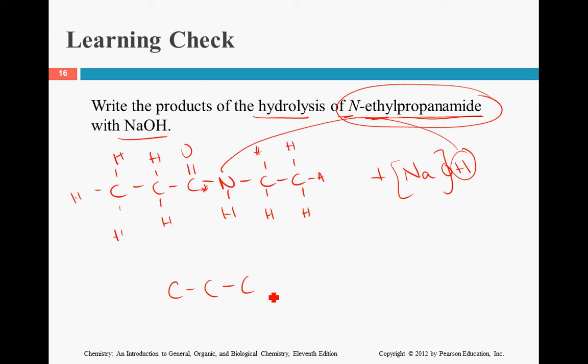We're going to have, once again, 3 carbons because of the prop with the double bonded oxygen. But instead of this nitrogen being here, we're going to have it bonded to an oxygen and then to a sodium. And there's our charges. That's our salt.